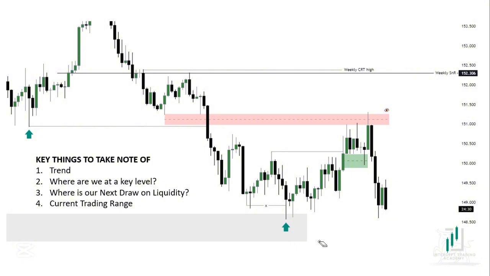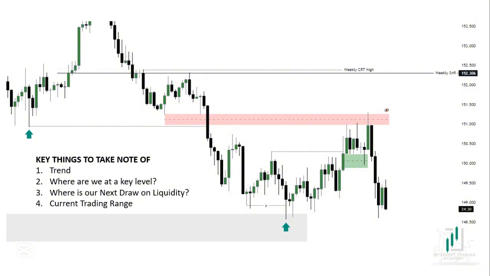Like I outlined in this very same example, we were at a weekly key level, so we knew that the market would potentially form a reversal towards the next draw on liquidity, which is the next key thing you should take note of. Your draw on liquidity. Where is your next draw on liquidity after market has hit a key level? So that will be your target for the trades that you will take. That's where you'll be looking for the markets to trade to.